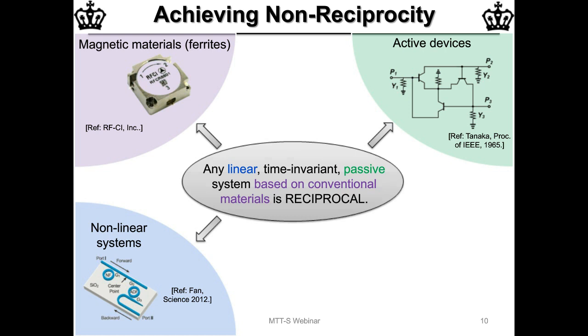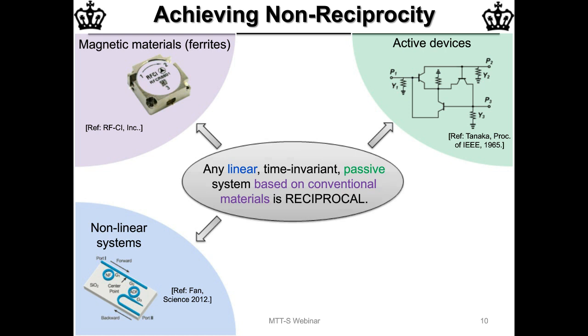And this is the dominant way in which all non-reciprocal components such as circulators and isolators are built today. The challenge, though, is that these types of materials are not compatible with semiconductor IC fabrication processes, and so they tend to be external components that are connectorized and hence are bulky and expensive.